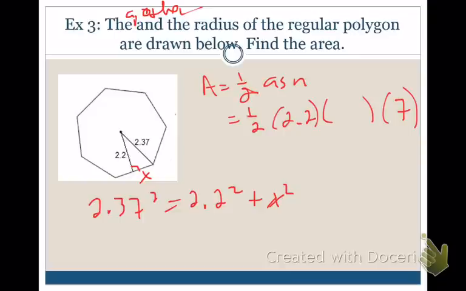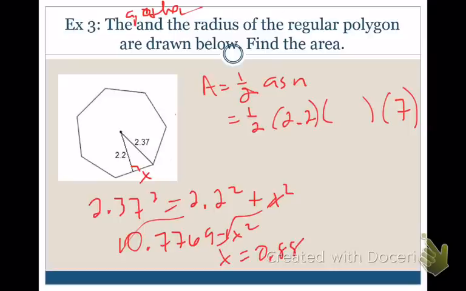So 2.37 squared minus 2.2 squared gets you 0.7769, which we have to square root. And so x is 0.88. Double that because we need to get the side length. And we get 1.76 in here, and then we're ready to multiply everything out.